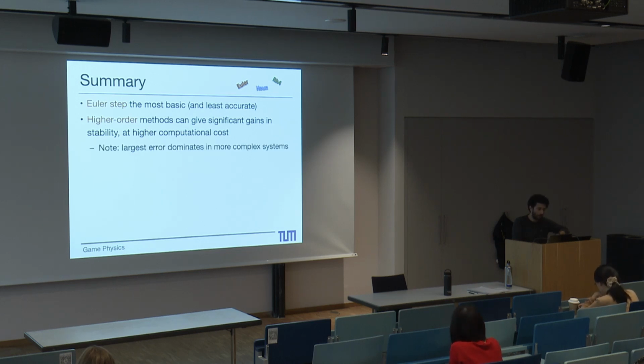And in any case, remember that it's always the largest error that you make that is going to influence your system. You always need to keep in account that it's always the weakest link of the chain that will make your simulation blow up.